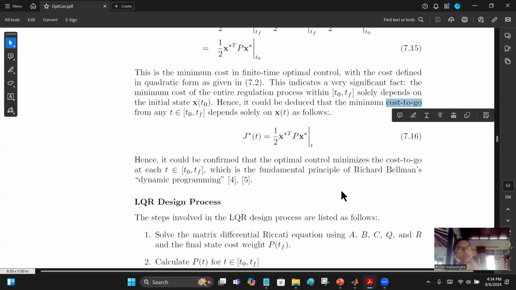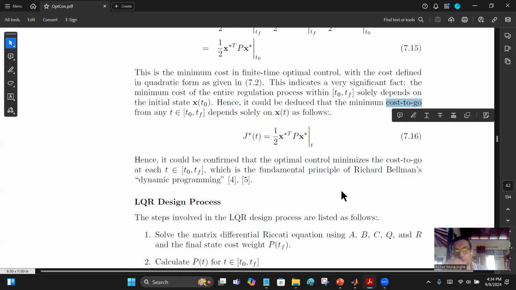Now, this concept of cost to go is the principle that is used by Richard Bellman in the celebrated dynamic programming. You may have heard this one, dynamic programming in optimization.